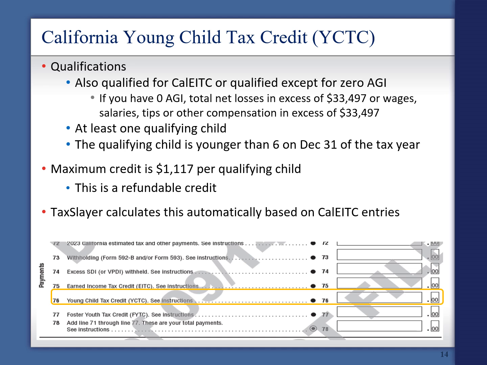California ties the California Young Child Tax Credit, or YCTC, and the California Foster Youth Tax Credit, FYTC, on the next slide, to Cal EITC. If the taxpayer qualifies for Cal EITC and they have at least one qualifying child under the age of 6 as of December 31st of the tax year, they can qualify for a $1,117 refundable credit.